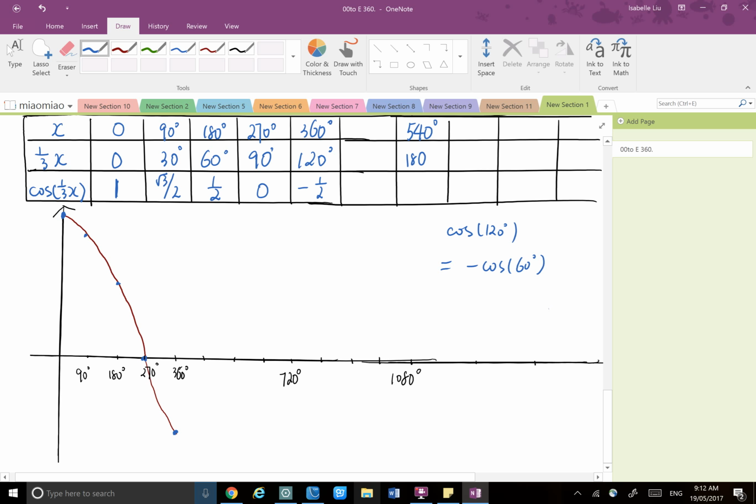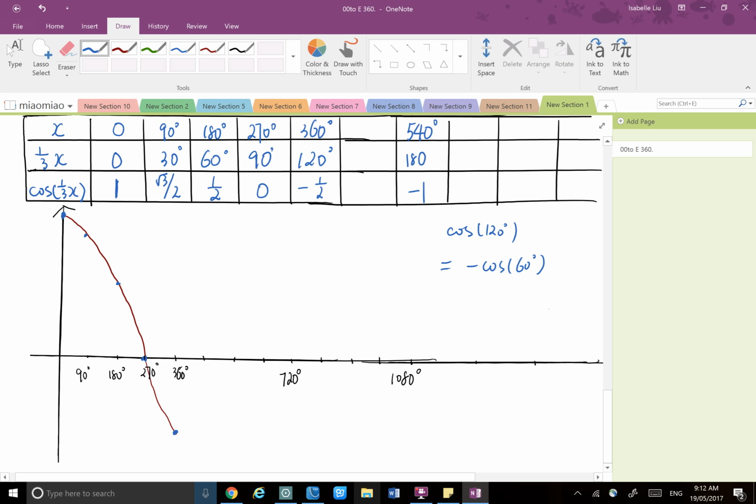A third x gives you 180. So what's cosine 180? What's the intersection? Negative 1, 0. Okay, the x value is negative 1. So cosine 180 is negative 1.